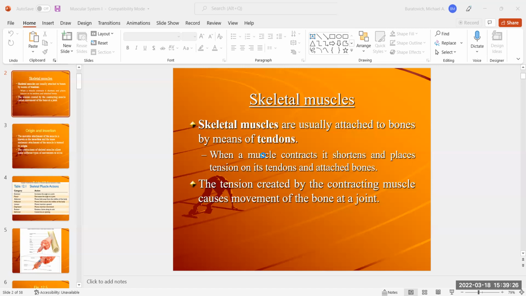Sodium comes into the cell, you depolarize the membrane, and that spreads pretty quickly down the membrane, eventually causing the opening of voltage-gated calcium channels that are physically linked to release channels in the sarcoplasmic reticulum that line the terminal cisternae. Calcium now floods from the outside and the inside into the sarcoplasm.